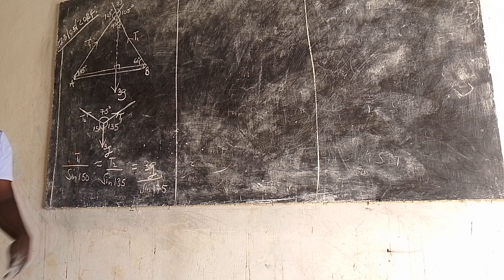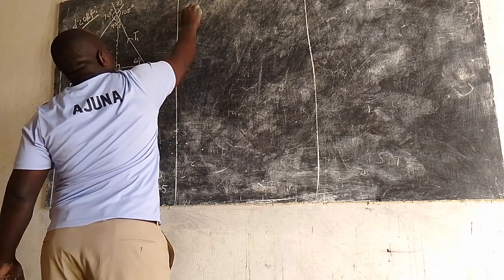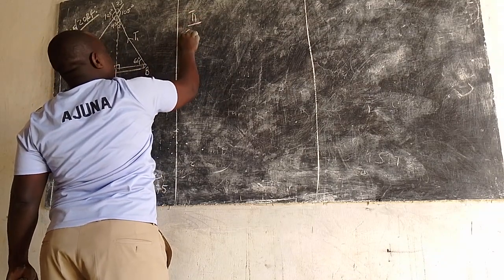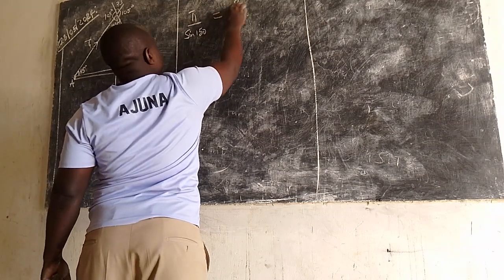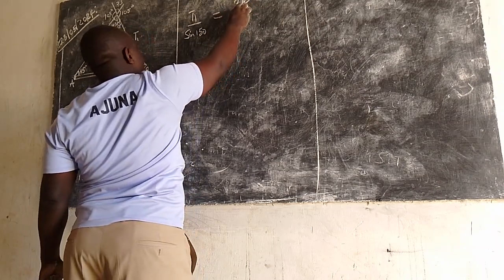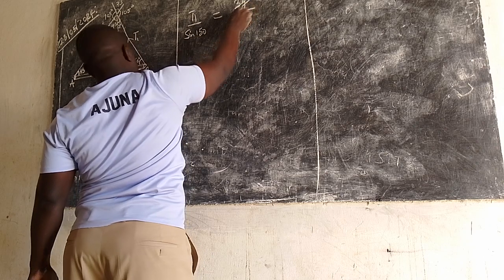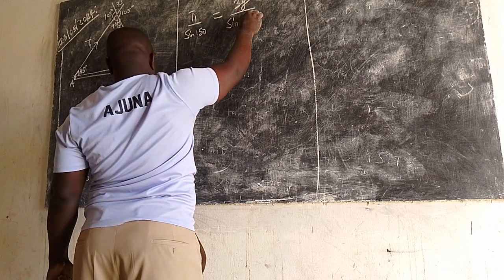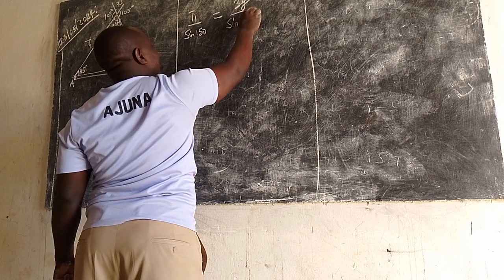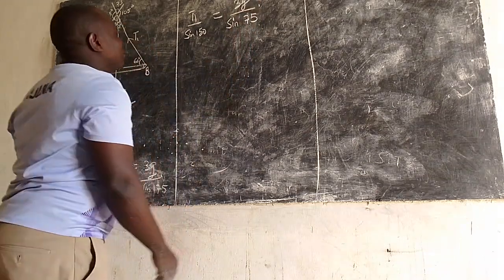Now, I'm going to cross multiply and do mathematics. T1 over sine 150 is equal to 3G, which is 29.4.